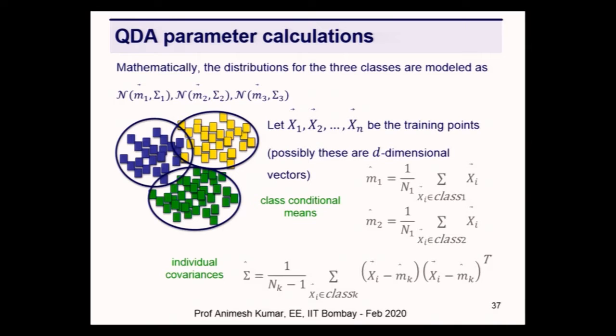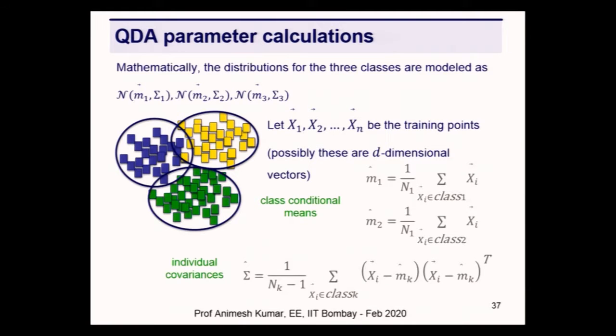So this is x vector, and we look at its deviation from its mean, and the notion of squaring for vectors is basically taking the outer product. That's how we compute covariance. For any given x i vector in class k, we look at its difference with respect to its class conditional mean, take its outer product, and then average it all out. That gives us individual covariances for all the classes.